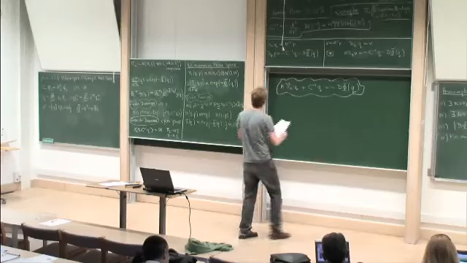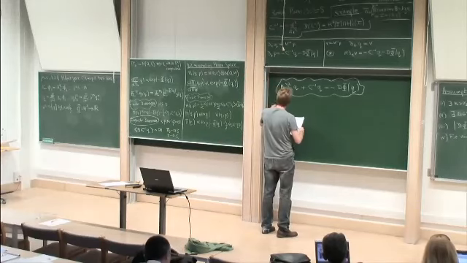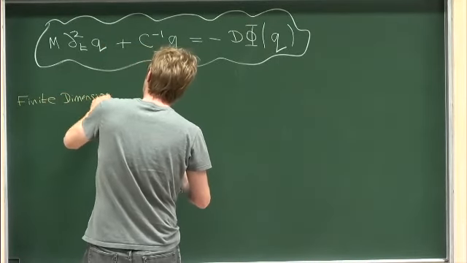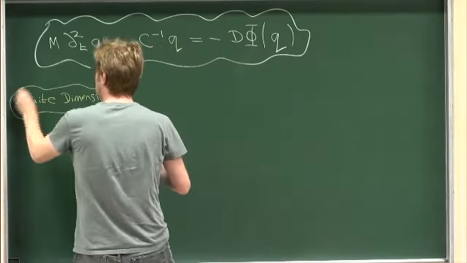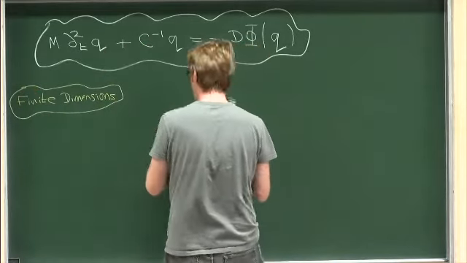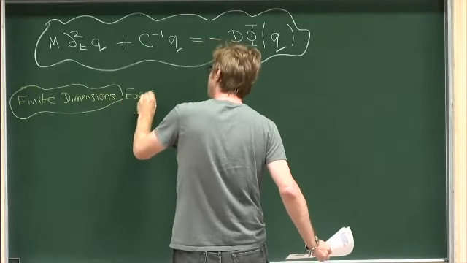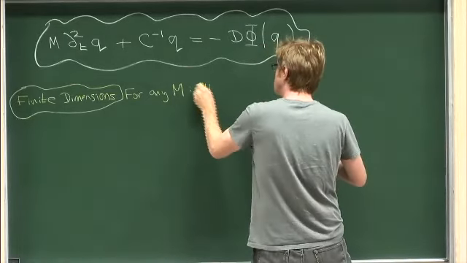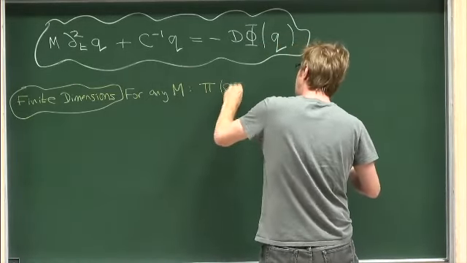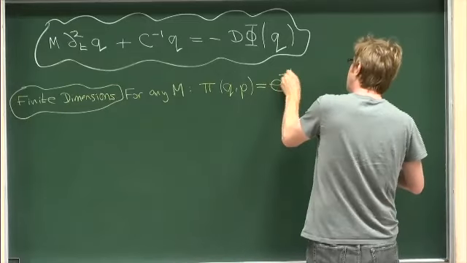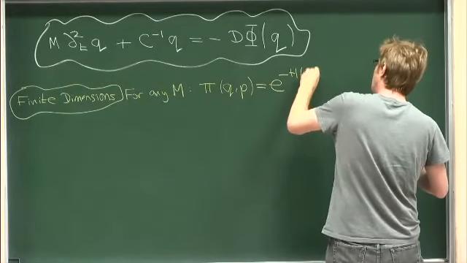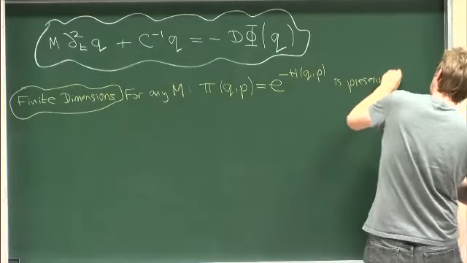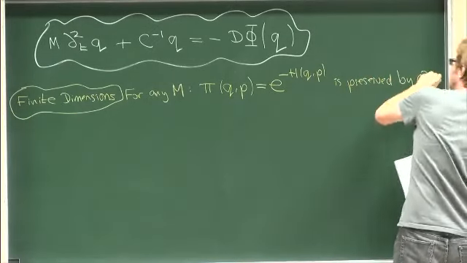Let me write down what I want to say in that case. So in finite dimensions, for any positive definite symmetric m, we have that pi of qp, which is e to the minus h of qp, is preserved by star.